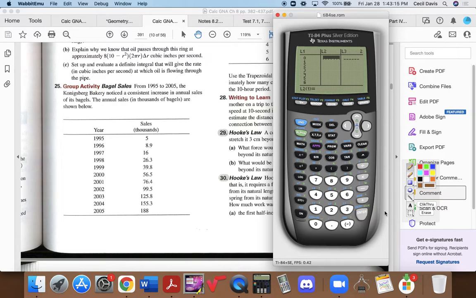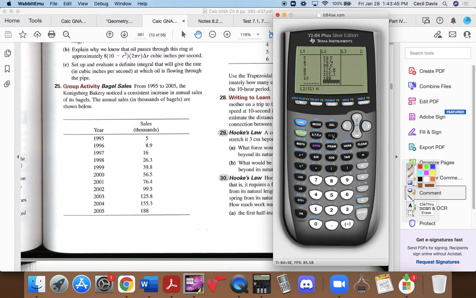And then 5, 8.9, 16, 26.3, 39.8, 56.5, 76.4, 99.5, 125.8, 155.3, and 188.